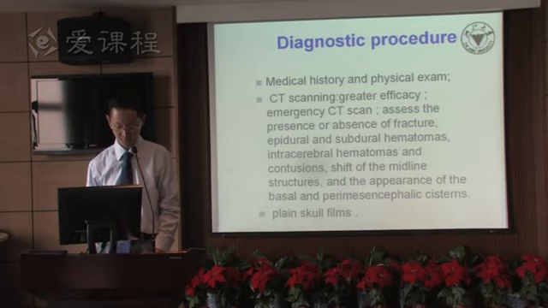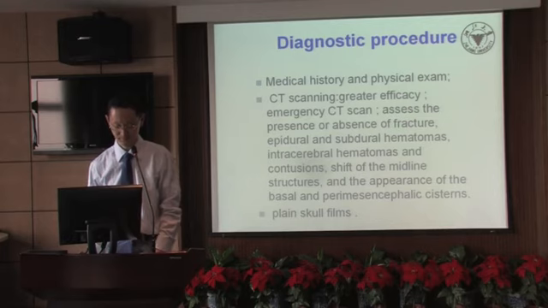In addition to the abbreviated medical history and physical examination, imaging of the brain is an important method of evaluation of these patients. CT scan is clearly the procedure of choice in evaluation of TBI patients.